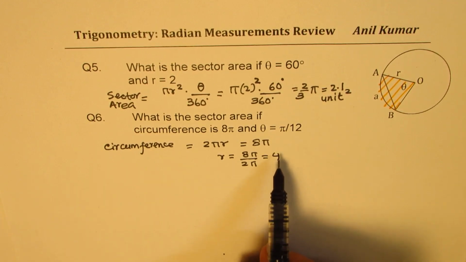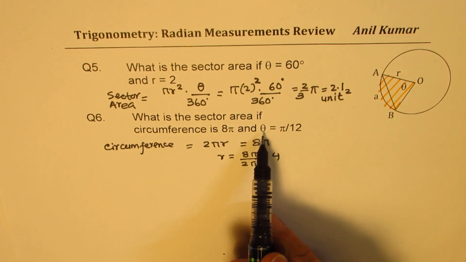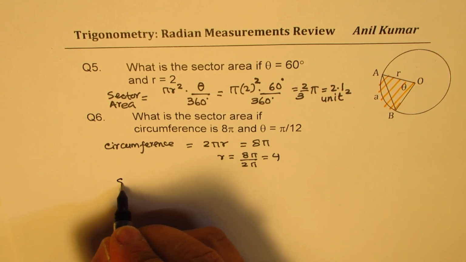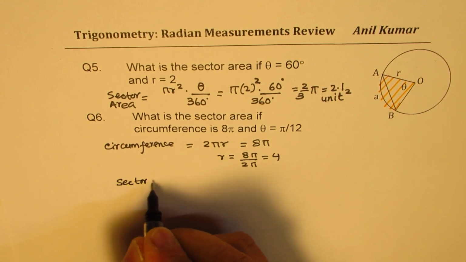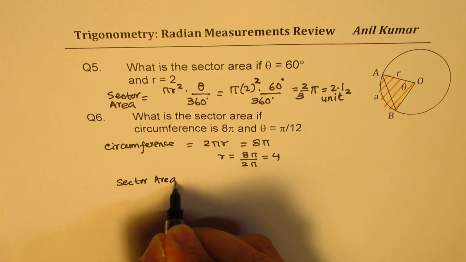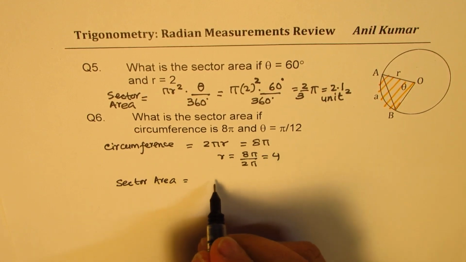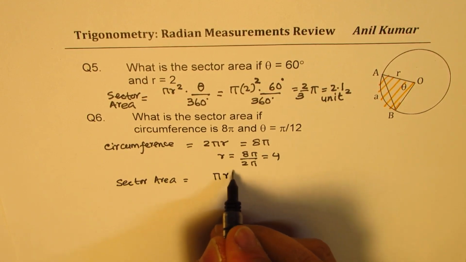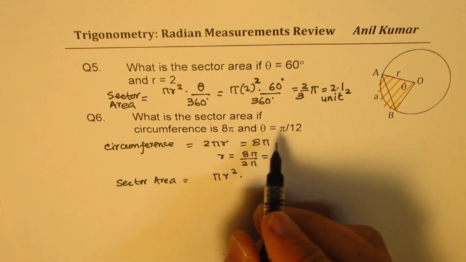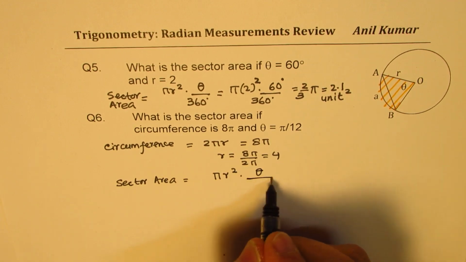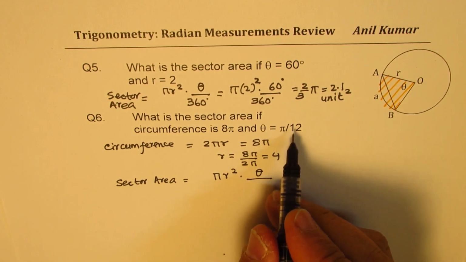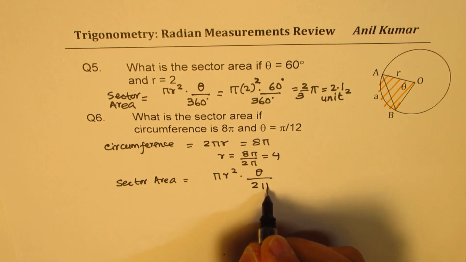We know the radius and we need to find the sector area. So in this case, the sector area is equal to area of the circle, which is pi r square, times angle theta over, since we are talking about radians, we have to divide by 2 pi.